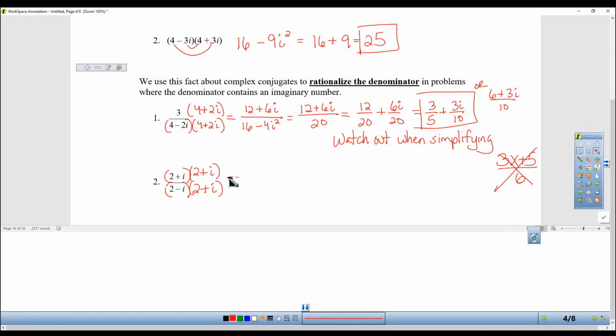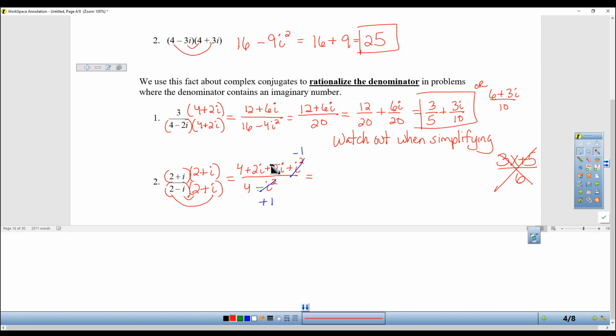So again, on the bottom, why did I choose the conjugate? So I could just do first, outer and inner cancel, and then last. On the top, I am going to have to FOIL out: first, outer, inner, last. You can't leave the i squareds, so this one becomes a -1, and this one becomes a -1, which is a +1.